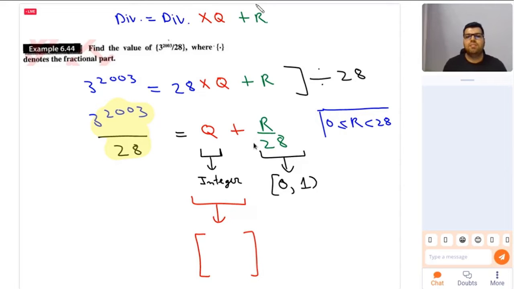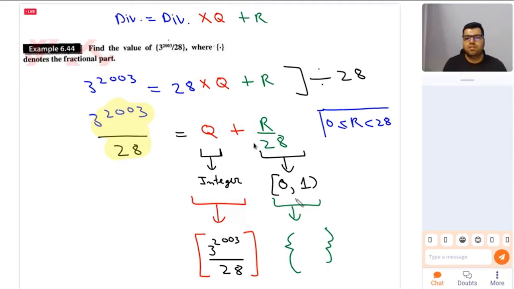Q is the integral part of the value 3 raised to power 2003 divided by 28, and R by 28 is simply the fractional part of this quantity, because the fractional part is between 0 and 1.